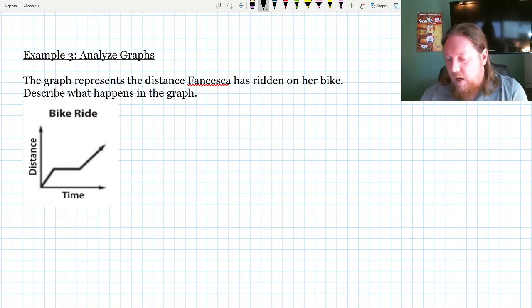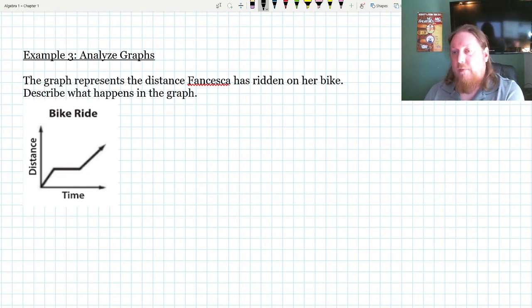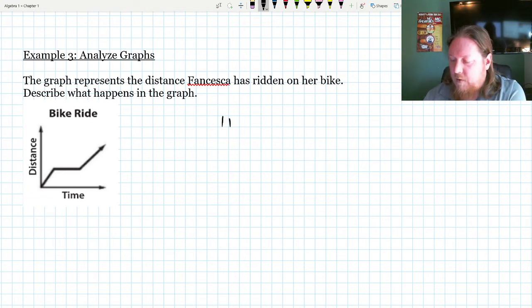So here, this graph represents the distance Francesca has ridden on her bike, and we're going to describe what's happening in the graph. So what happens here? Someone is at their home, and they jump on their bike. Let me draw a little bike out here. And then they ride somewhere, right?